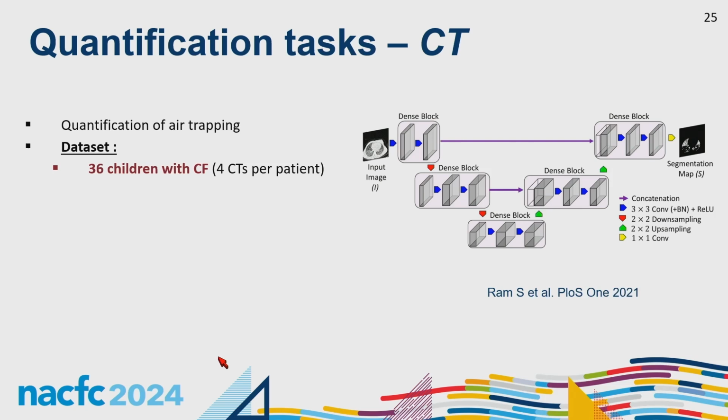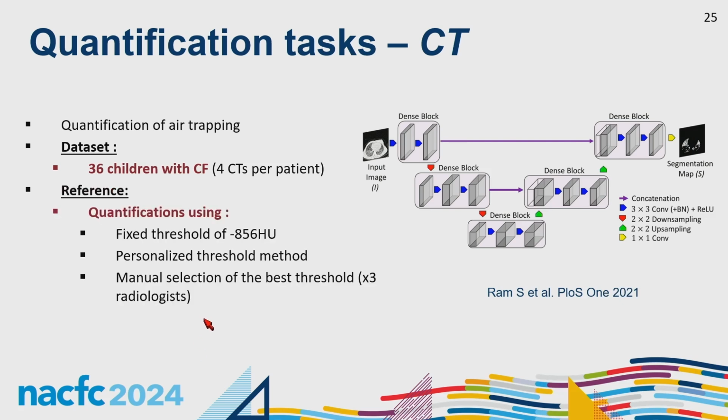Okay, but lesions also include small airway disease, not only large airway disease. So this is another tool which was trained to assess air trapping in patients. It also used deep learning, with data from 36 patients with cystic fibrosis.